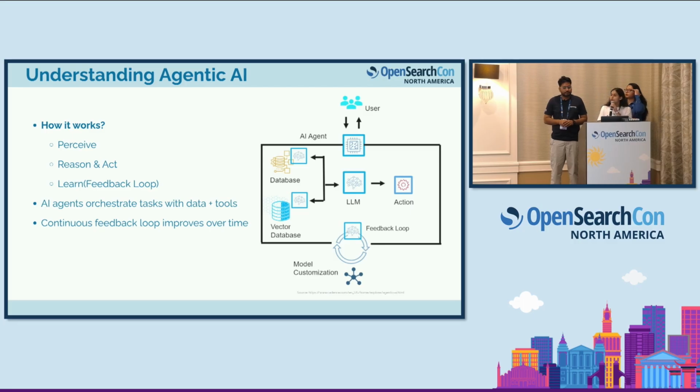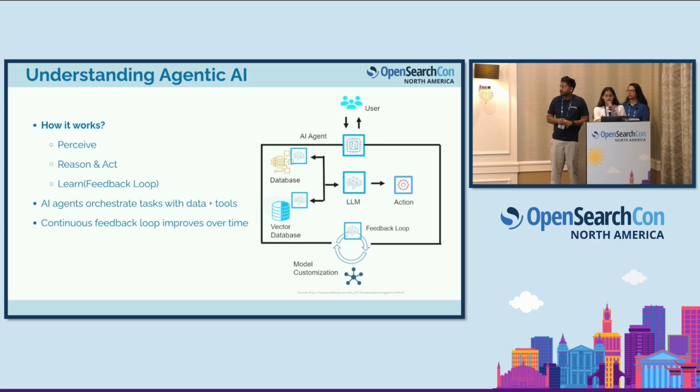Now, let's move ahead and understand how agentic AI works exactly. So, perceive: the agent first gathers signals from its environment. This could be sensors, databases, or APIs, and it extracts the useful pieces of information. Think of it like the eyes and the ears of a system.